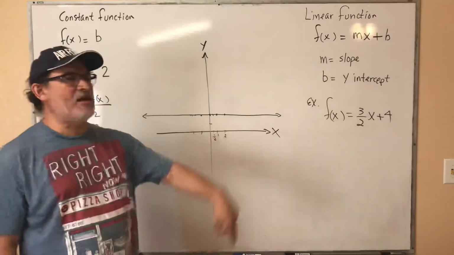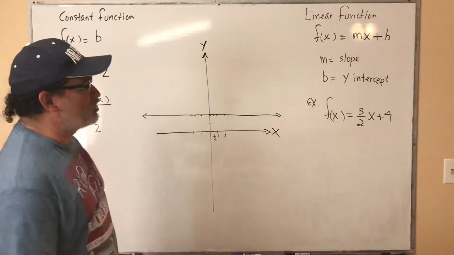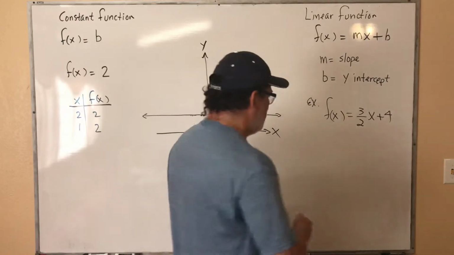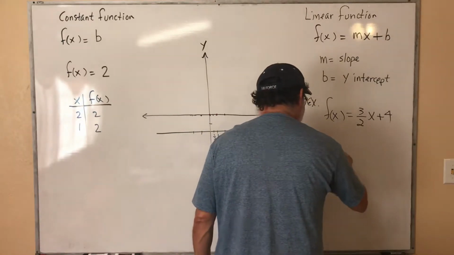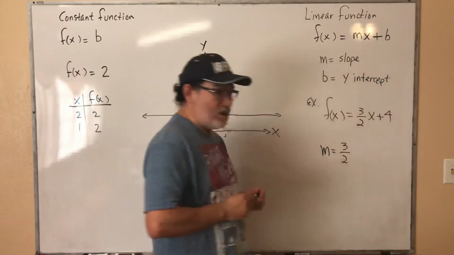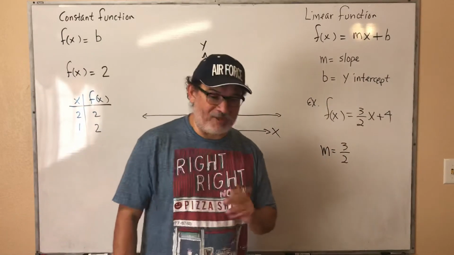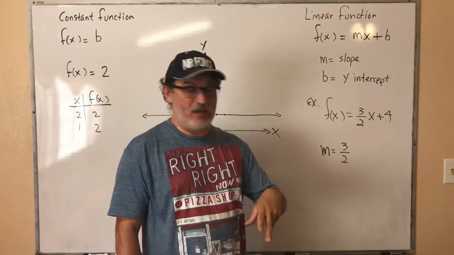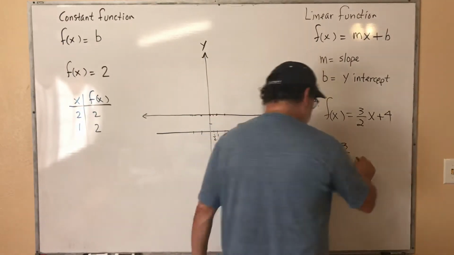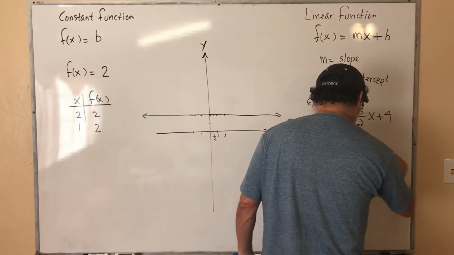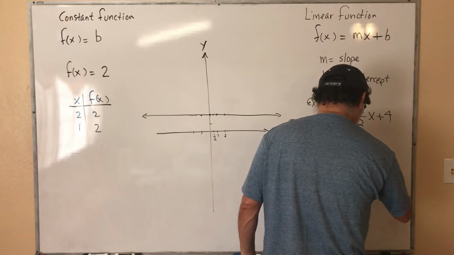That's an example right there of a linear function. Look at the slope. The slope equals 3 over 2. Now remember, good class, that the slope is the rise over the run.